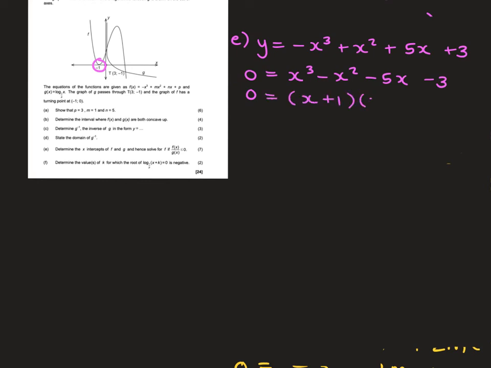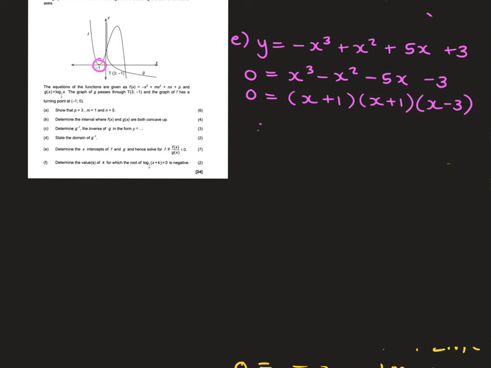So we're going to have 2x plus 1 brackets, all right? And if you needed to now determine your third bracket, remember, you know that x equals negative 1 is a factor. We're doing a whole story about how to solve cubics. I'm not really going to go through that now. But x minus 3 would be your last bracket.